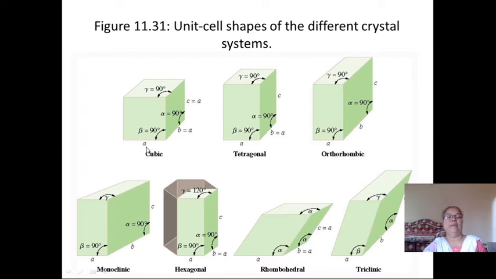Then the monoclinic, hexagonal, rhombohedral, and triclinic structures. These are the 7 crystal systems.